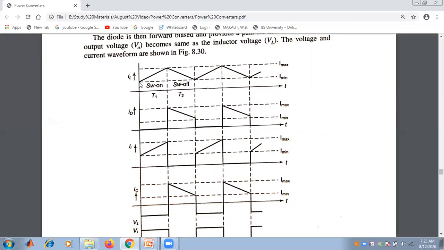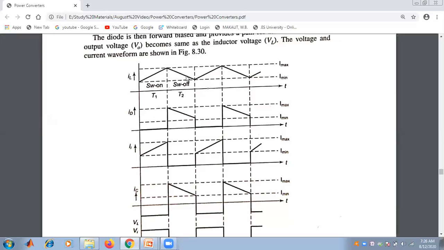When the switch is on, the current through the inductor increases linearly from its minimum value to its maximum value. And when the switch is off, it decreases from its maximum value to its minimum value.